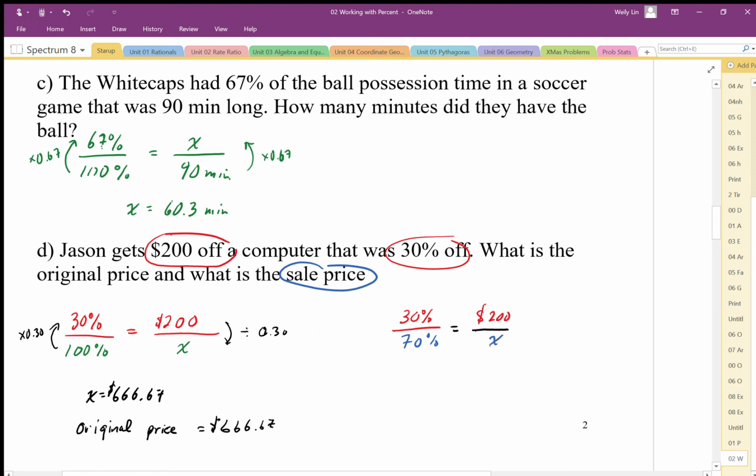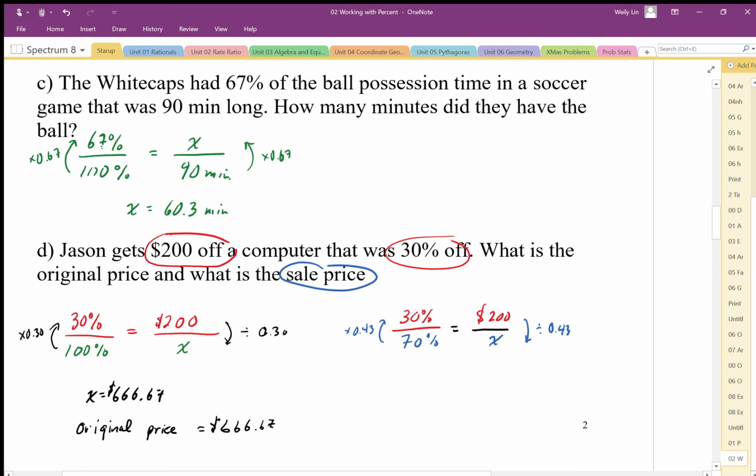In this case, the multiplier is kind of awkward. If I do 30 divided by 70, that gives me 0.428. I'm just going to round that to 0.43. And so I can divide by that same multiplier, 0.43.